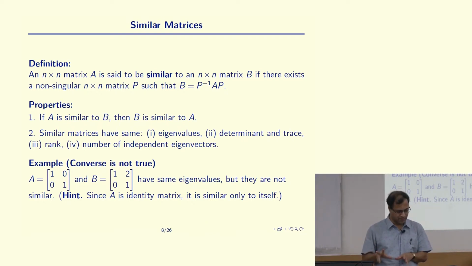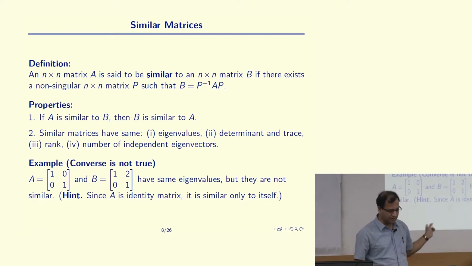Just one example: for matrices A and B, although they have the same eigenvalues and the same determinant, they are not similar. They are not similar because here we have taken one matrix A, which is the identity matrix. When you consider the identity matrix and multiply with any 2 by 2 non-singular matrix, you will see that this will be the same matrix.